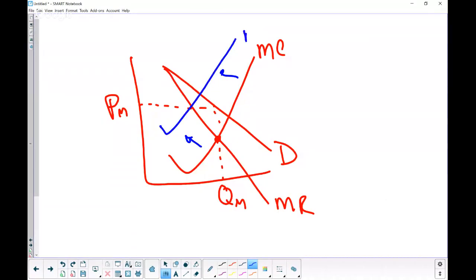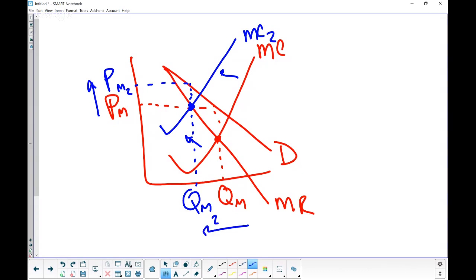Let's hit our marginal cost curve here. So marginal cost 2. Notice what's happened. We are still going to produce where MR equals MC, but our price actually does something too. Our price is going to increase. So PM2, price goes up. QM2, quantity decreases. So when we do this, understand from monopoly, it has 2 effects.